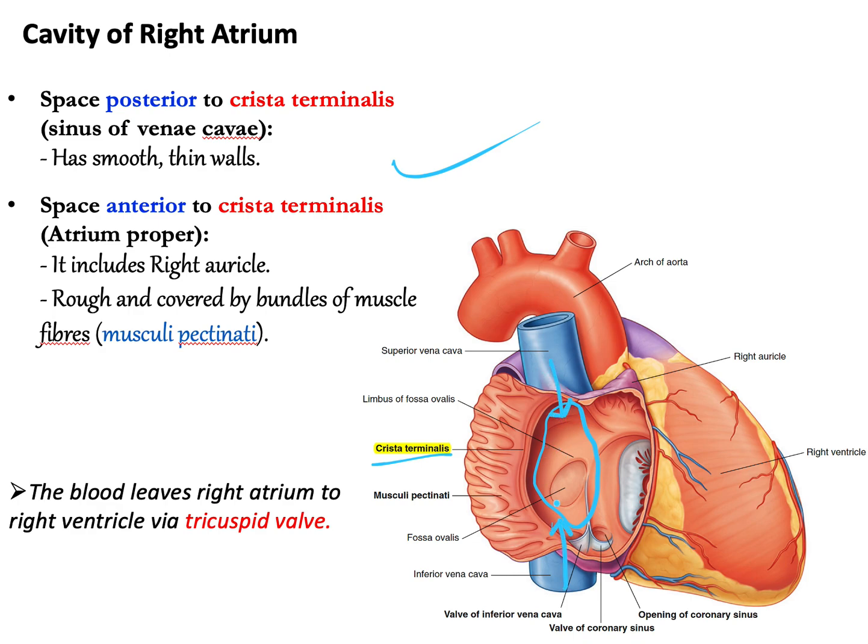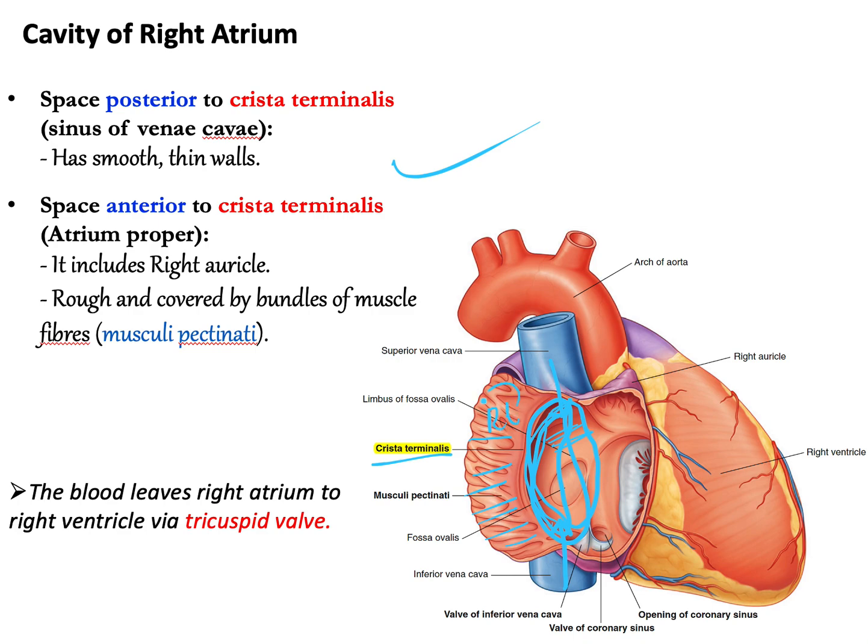So this is the sinus, meaning the sinus of the superior vena cava and the inferior vena cava. When the blood comes and reaches the right atrium, usually it reaches this space that's known as the sinus of vena cava, which is smooth and has a thin wall compared to the rough and thick wall of the right auricle.